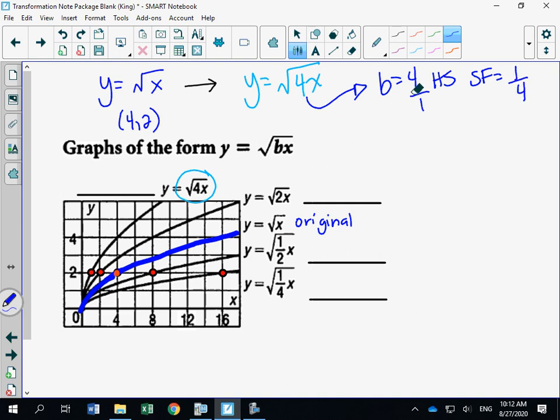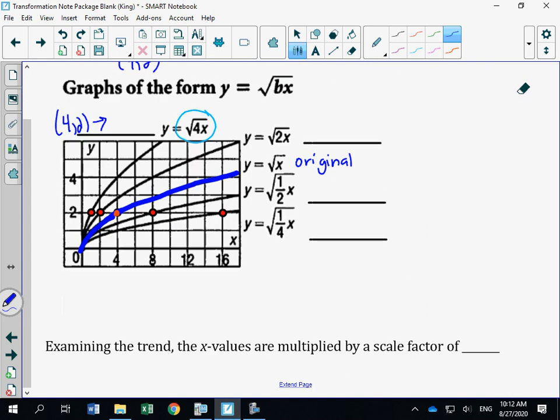So what it wants you to do is take this point on the original graph. That point is at 4, 2. So take the point 4, 2, and what's the new point after it undergoes a horizontal stretch by a stretch factor of 1/4? We know that x comma y goes to x over b comma y.